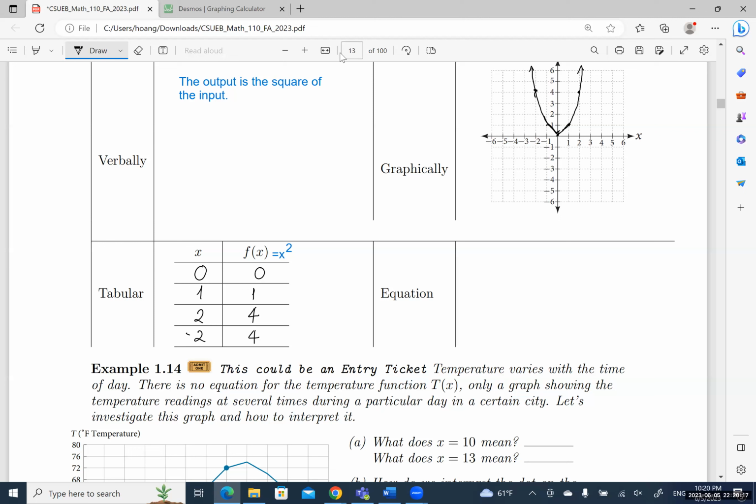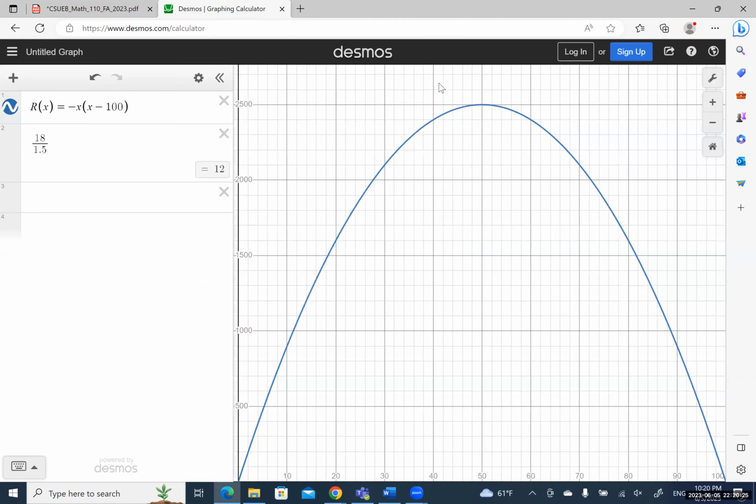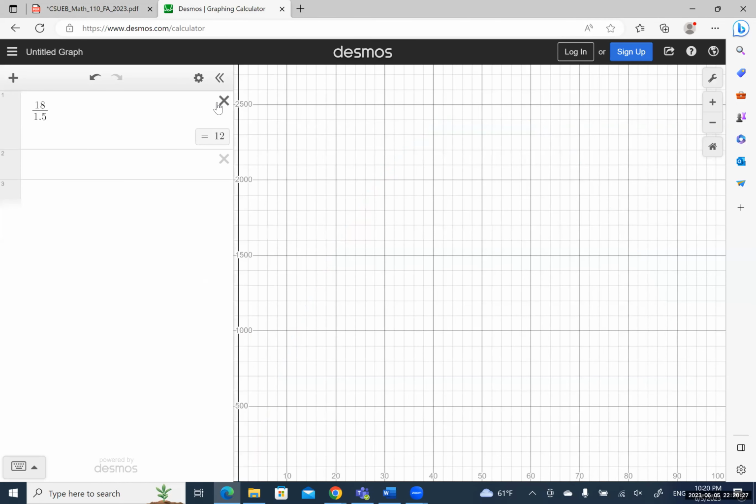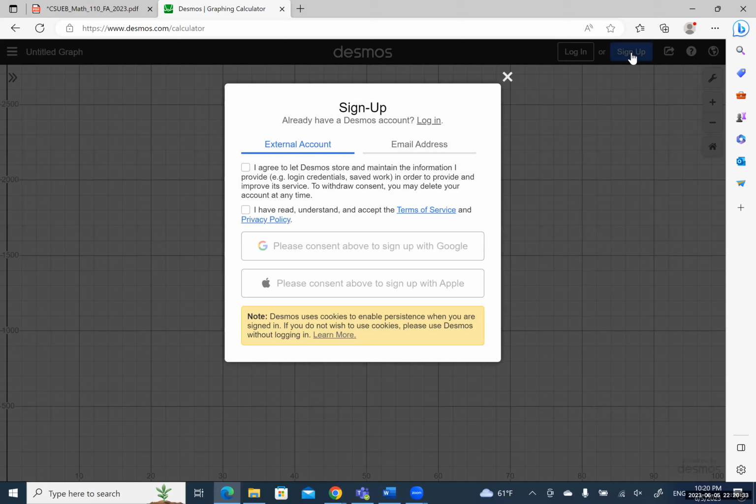As business people, you may want to use Desmos to show your boss, but you may have to sign up first by following the steps here to sign up for an account.